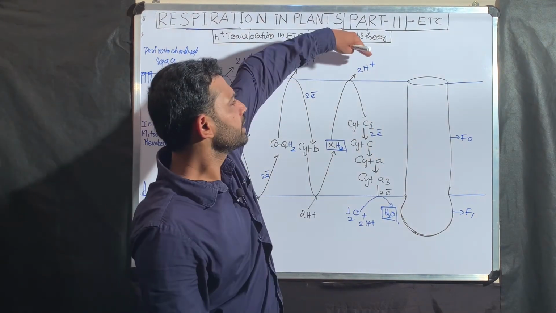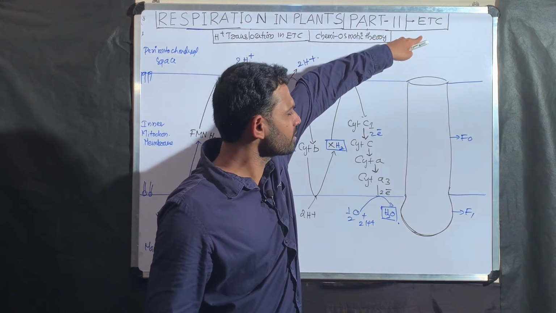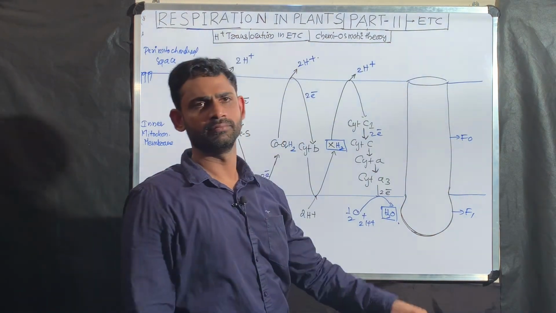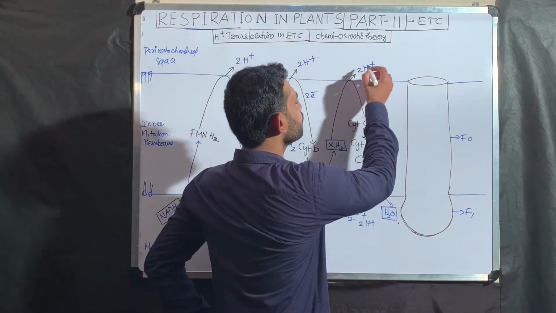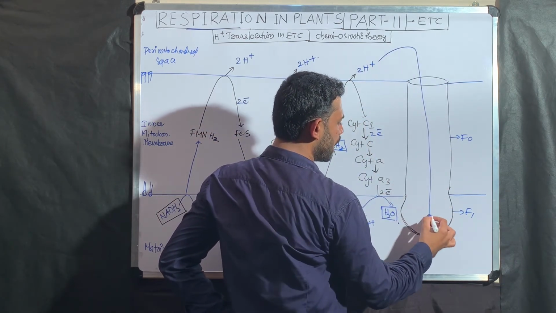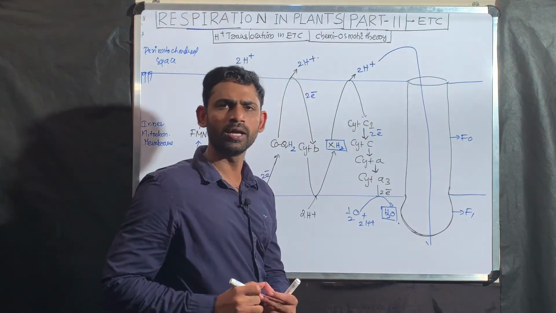Automatically, here there is a high proton concentration. These protons spontaneously come down, meaning they come into the matrix. When these protons are spontaneously coming down through the FO particle and F1 particle, what happens?